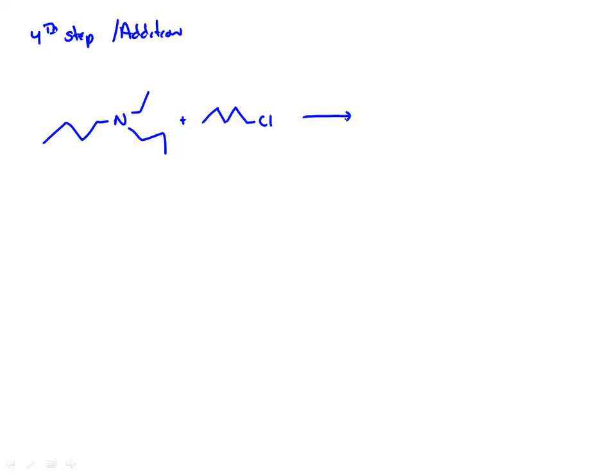Then remember that this is an addition, and so what we're really doing is taking that lone pair of electrons and making a bond to that alkyl group. So there's my N. Here's my 5 carbon one, here's my 2 carbon one, here's my 3 carbon one. And then that ends up with a positive charge, and then that chlorine is a negative charge.